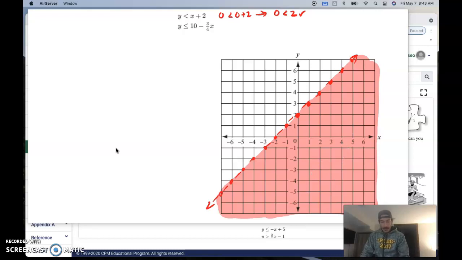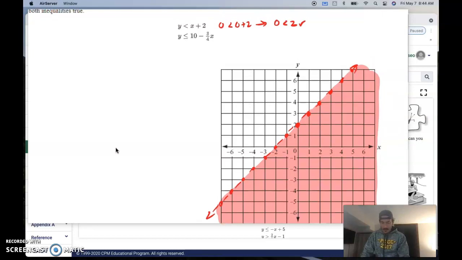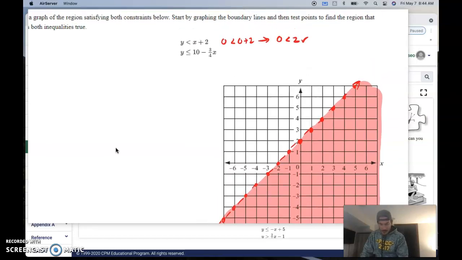Then this second inequality I'll do in blue, and we've got y is less than or equal to 10 minus 3/4 x. Now here's the deal. I don't have the ability to graph 10 on my graph. You can see it only goes up to 7. So a couple options here. Maybe you're just going to estimate. This would be 7, this would be 8, 9, 10 might be here.